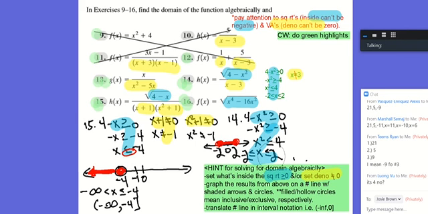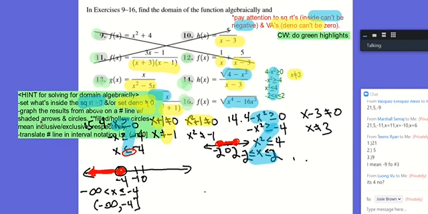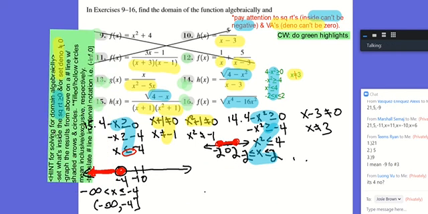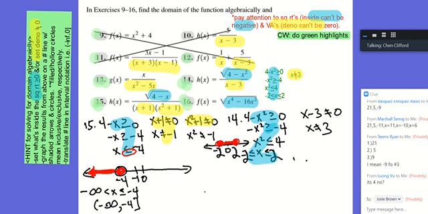Let's look at the yellow highlight. X minus 3 cannot equal 0. So x cannot equal 3. And we're going to draw a number line here. This is our real number line. I did the side hustle number line right here.